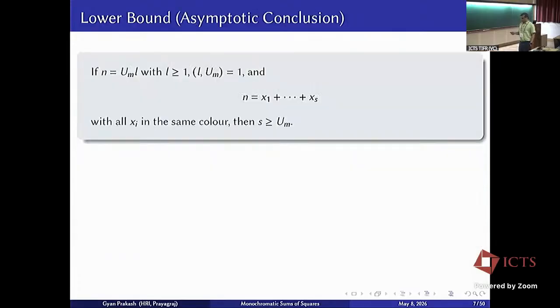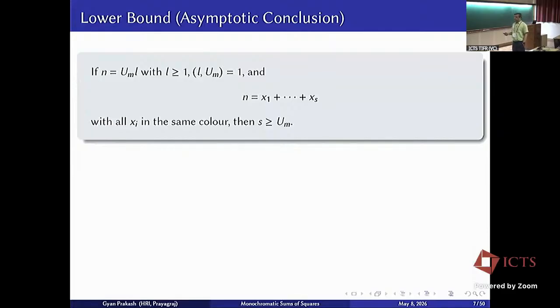Since it is a square, if a square is divisible by 2, then it is divisible by 4. If a square is divisible by 3, it must be divisible by 9. So all these x_i's must be divisible not only by that prime, but also by this prime squared. So the left hand side also must be divisible by the prime squared, p squared, with p dividing U. But this n is by choice taken to be U times L, so the prime is dividing it but p squared is not dividing it.